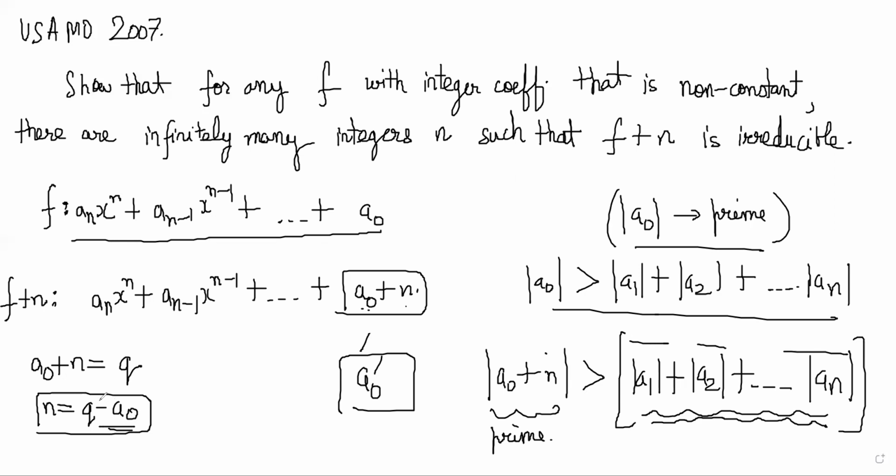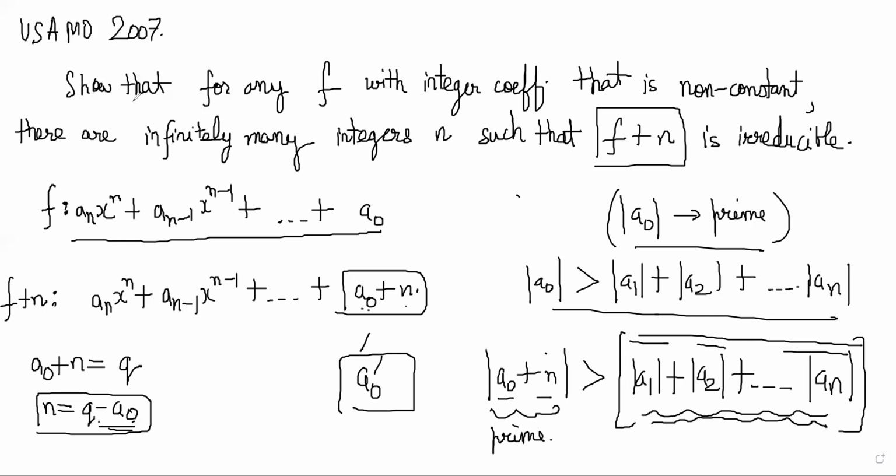And all higher primes after that will definitely satisfy this. So immediately by Perron's criteria, every polynomial like this will be irreducible as long as you ensure that this sum is lesser than the prime number, and the prime number is equal to a naught plus n, right?